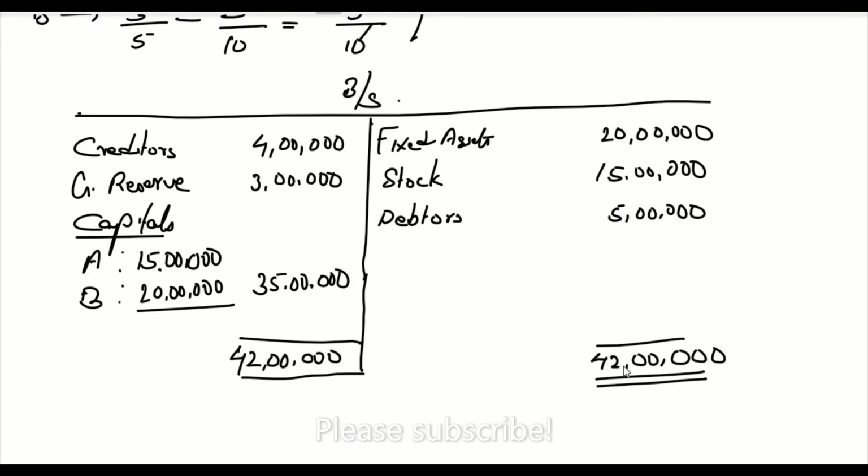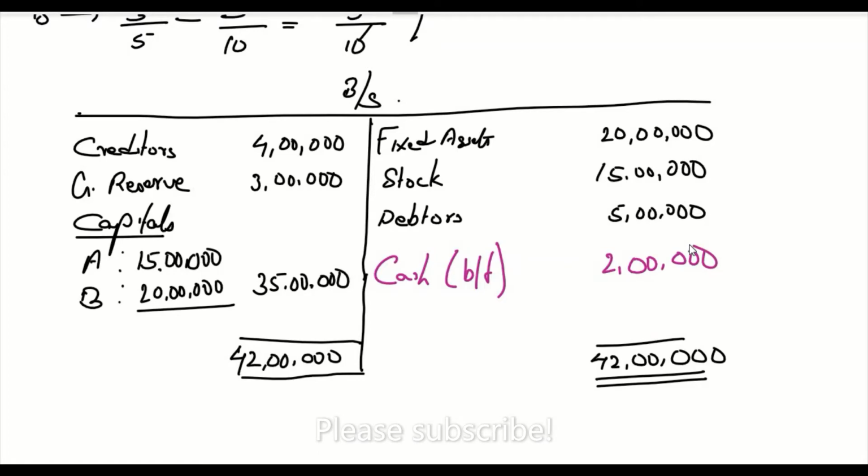Now the total is 42 lakhs and the items in the asset side is coming up only up to 40 lakhs. Now the balancing figure will be cash. So cash we need to derive based on the balancing figure. Cash is 2 lakhs.